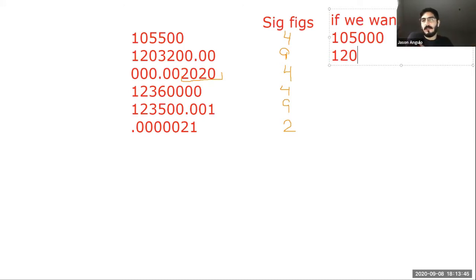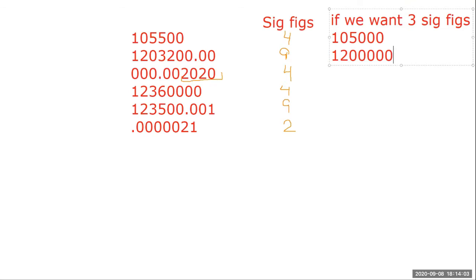Because we only want 3 sig figs. Okay, so the rest is zeros. Do I put a decimal point? No. Let's see, 1, 2, 3, 4, 5, 6.